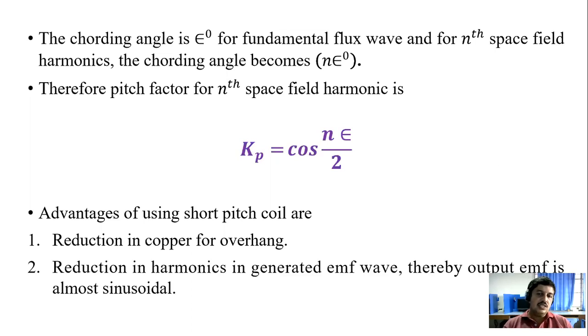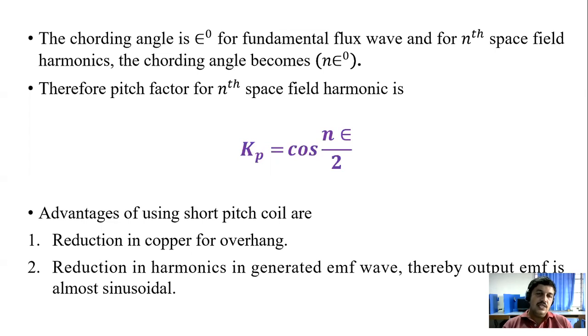Another advantage is that due to the short pitch nature of the coil, the harmonics generated inside the EMF get reduced, and thereby the output EMF waveform is almost sinusoidal. So due to these two advantages, alternator coils are generally short pitch coils.